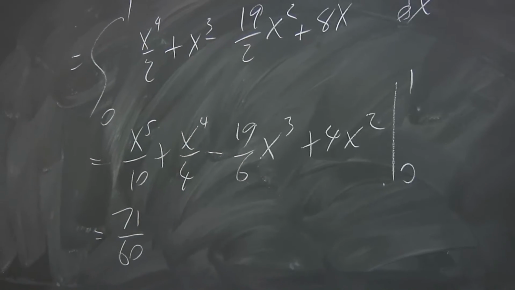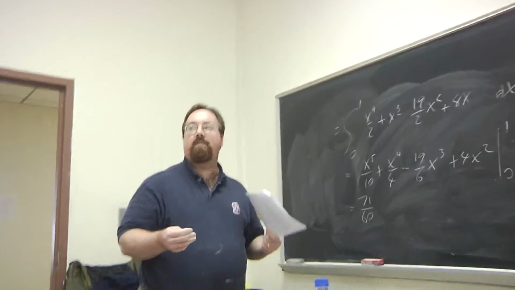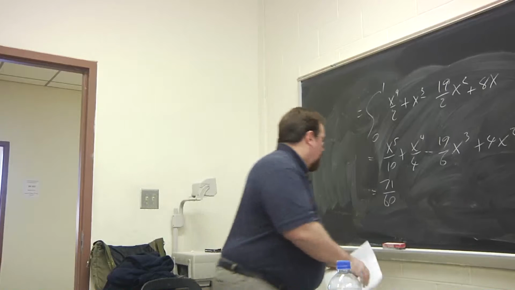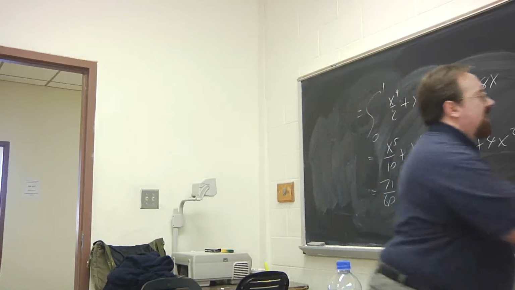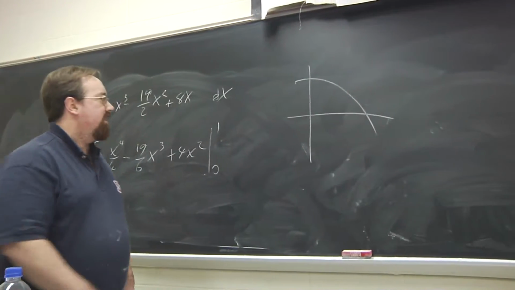So, any questions about that? A region can be classified as either type 1 or type 2. Generally, there are going to be regions that have a shape something like this. You could look at it either way.